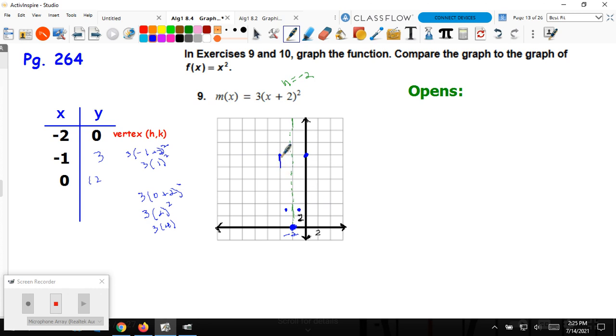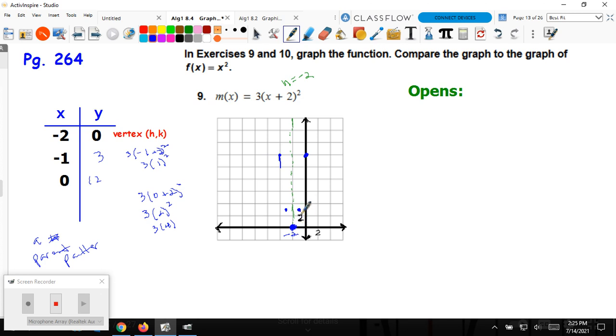Now, before I did, we could have talked about the A pattern. Remember we talked about this A number pattern, A number parent pattern. Instead of doing it this way, I could have just thought, okay, I'm going to go 1 this way. 1 squared is 1, and then I'm going to multiply that by the A. So 1 times 3 is 3. It goes up 3.